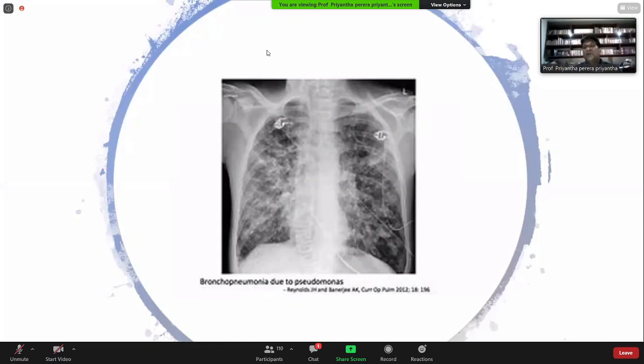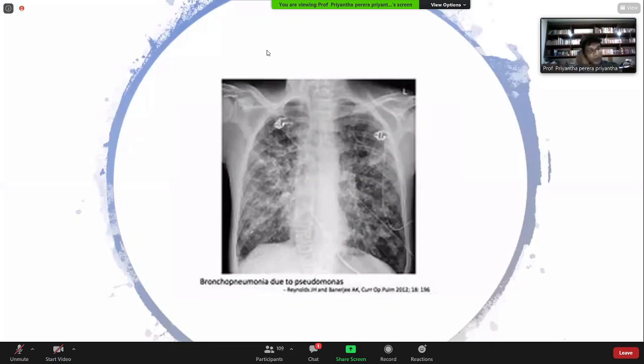It does not need to be a whole lobe, it can be a segment or several segments. It can be a lobe as well, or maybe more than one lobe. But by definition, the infection is confined to an anatomically demarcated area of the lung.